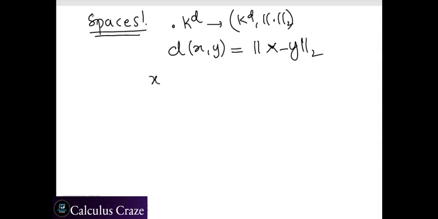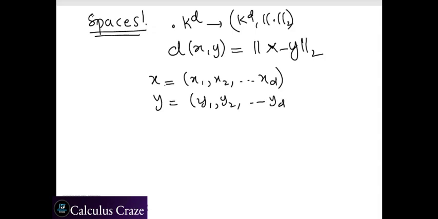Now my x is x1, x2 through xd, and my y is y1, y2 to yd. In this way, x minus y would be x1 minus y1, x2 minus y2, till xd minus yd.